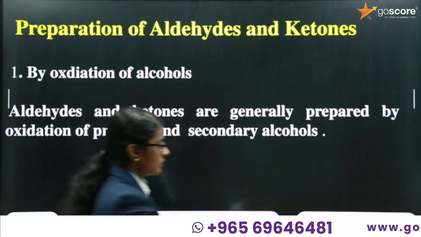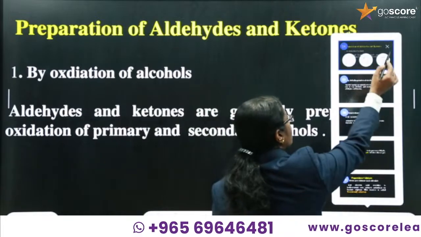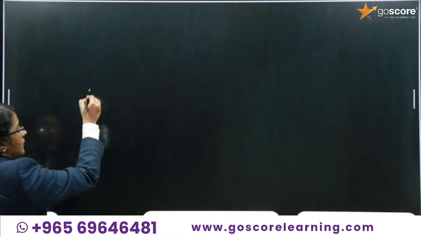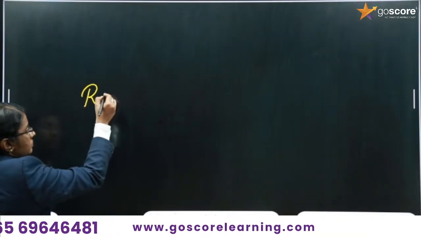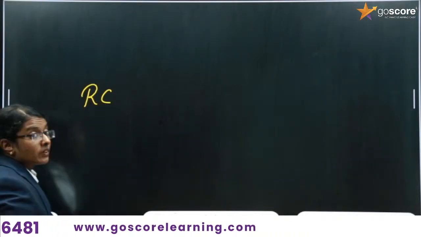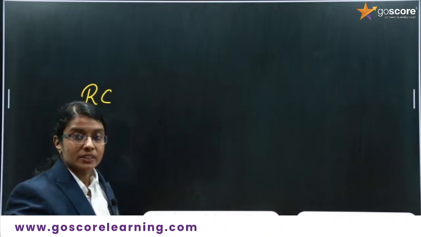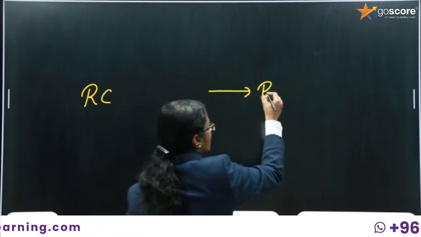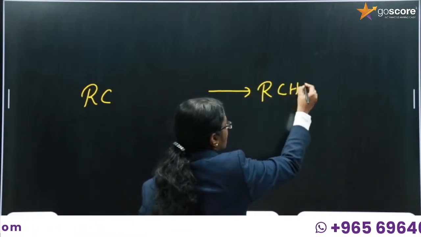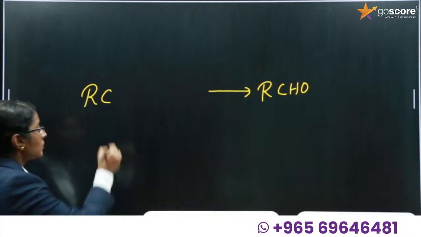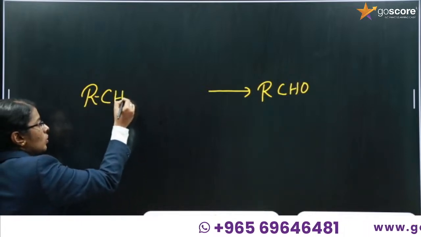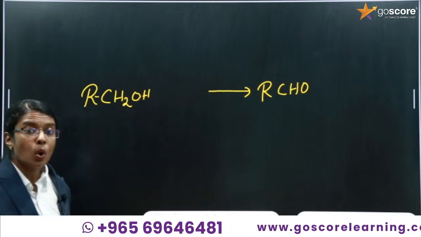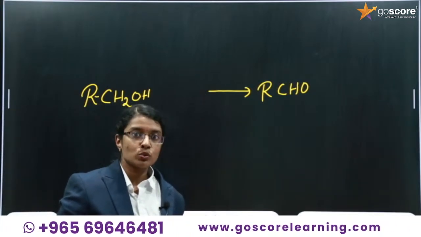Here, when we have to prepare an aldehyde, RCHO, we take a primary alcohol, RCH2OH.